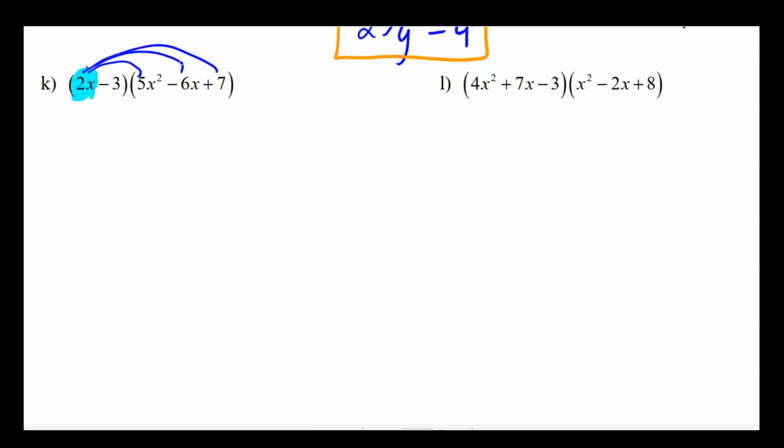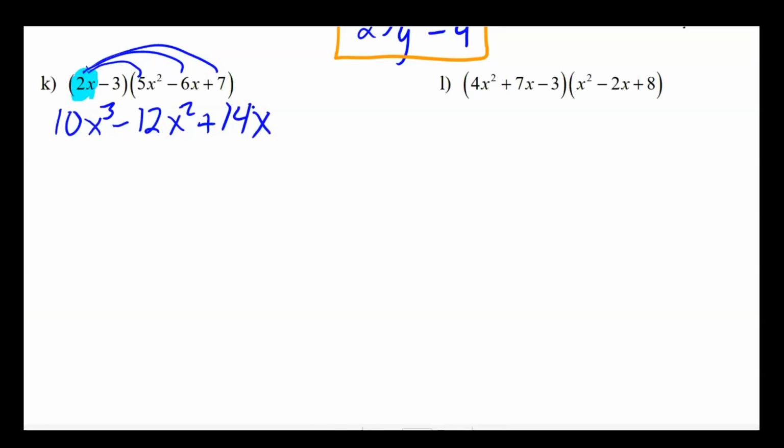So 2x times 5x squared, 2 times 5 is 10, x times x squared is x to the third. 2x times negative 6x, you multiply the numbers, multiply the variables, 2 times negative 6, negative 12, x times x, x squared. 2x times 7, 2 times 7 is 14, and then just x because there's no other x to multiply. So there are my 3 values that I got when I multiplied through by positive 2x.